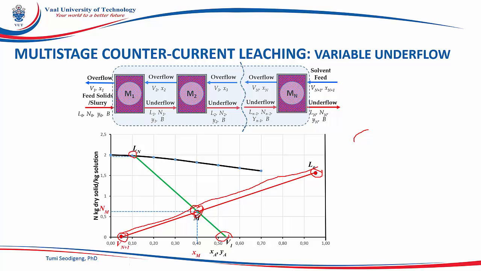Point Ln, which is the raffinate underflow, can be positioned using Yn and Nn, and then we can draw a line from Ln passing through M, and position point V1 by further extending this line to find the point V1, which is on the x-axis intercept, where N equals 0. Remember, V is always on the N equals 0 line, which is the x-axis.